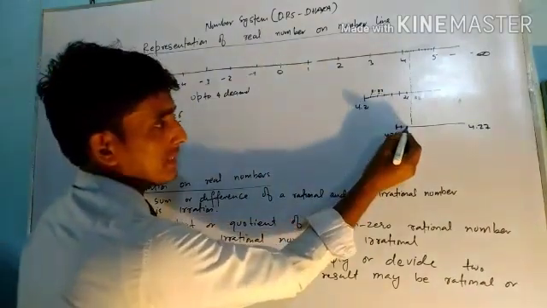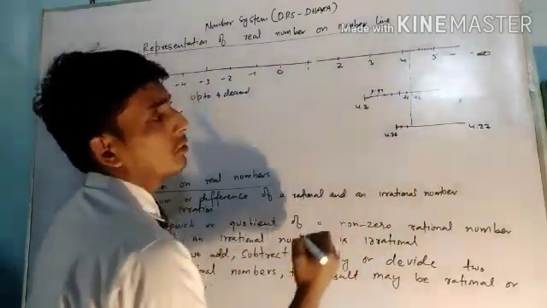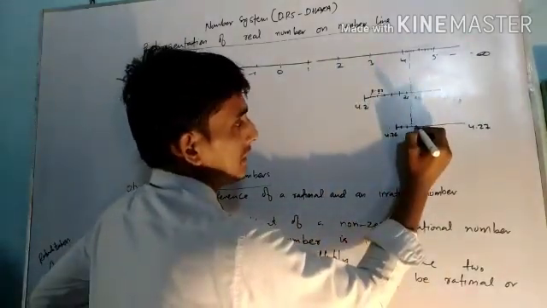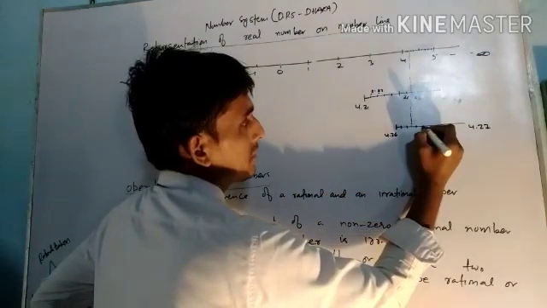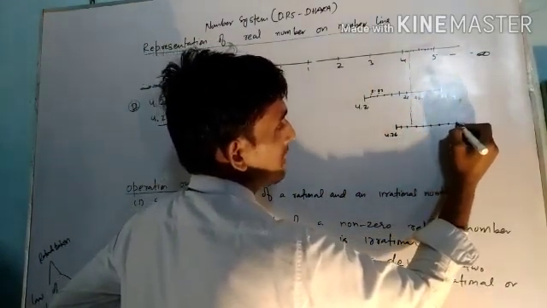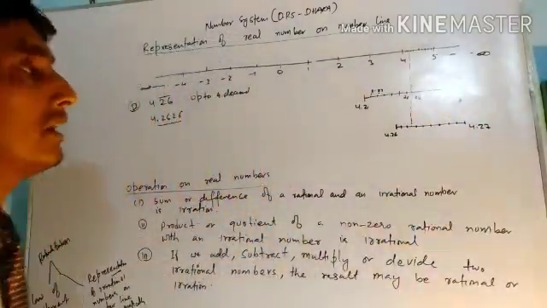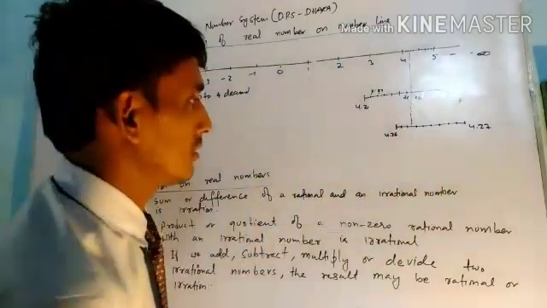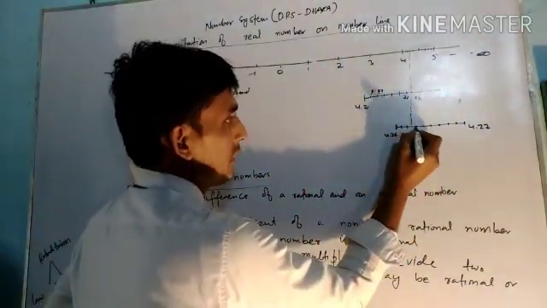It is lying between 4.262 and 4.263, and then 4.264, 4.265, 4.267, 4.268, 4.269 and 4.27. So our number is lying between 4.262 and 4.263.